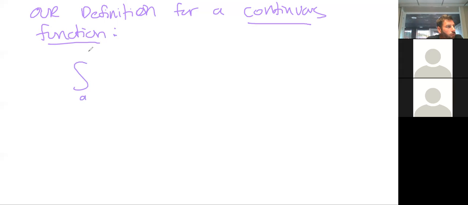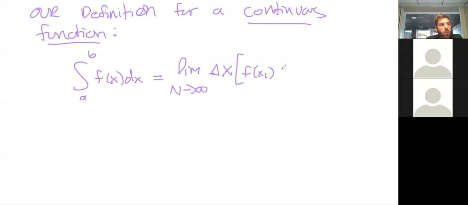The integral is written by this symbol. And what it is equal to is the following limit. It is the limit of some thing, delta x, times this sum, which is f evaluated at x of 1 plus f evaluated at x of 2.